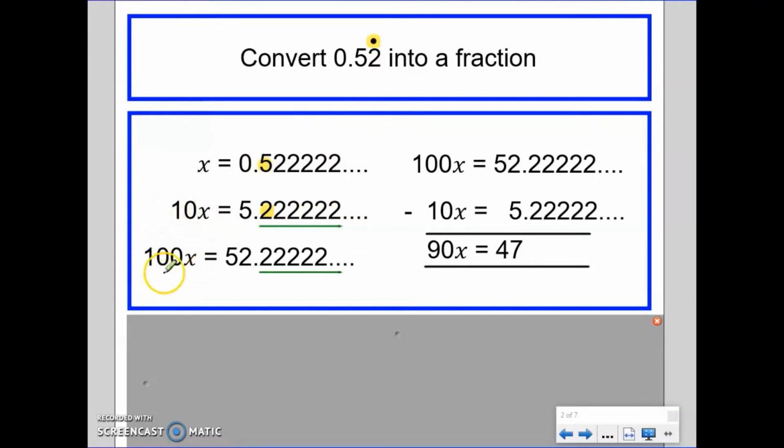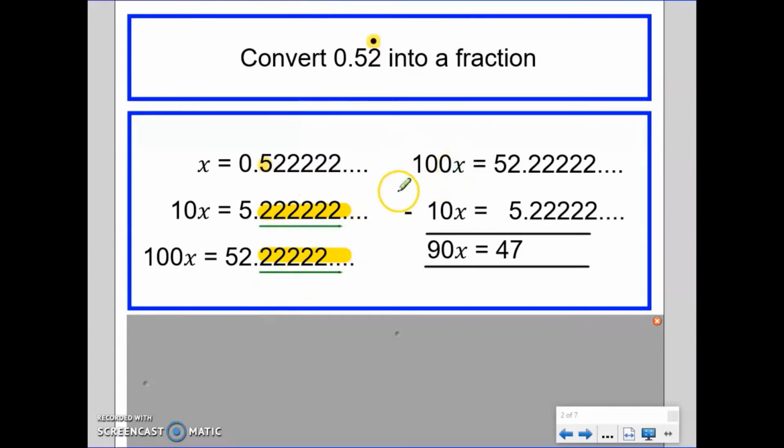So I've moved the decimal place twice to give me 52.22222 and so on. Now when I compare the 10x to the 100x, my digits after the decimal point are the same. That's shown by the green arrows in my working out.